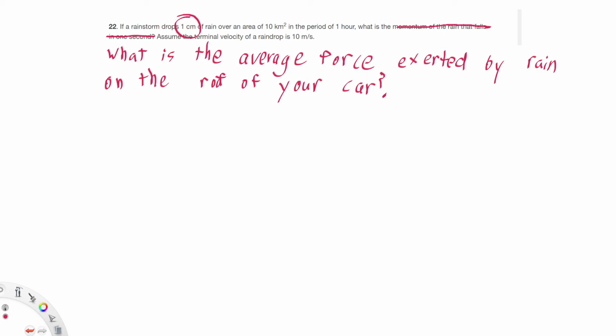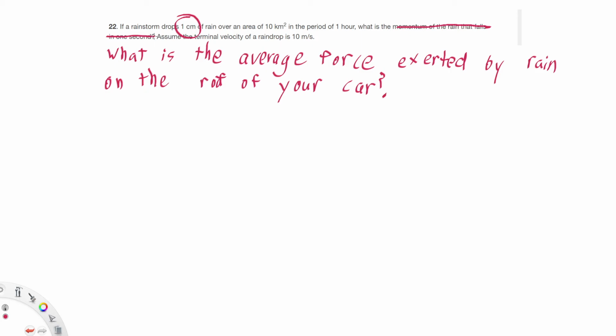It means that if you collected all the water that fell from the sky in a certain amount of time, it would cover the ground in a layer a centimeter thick. So that's what we mean by a centimeter of rain.